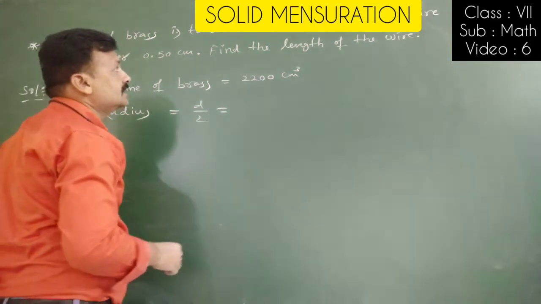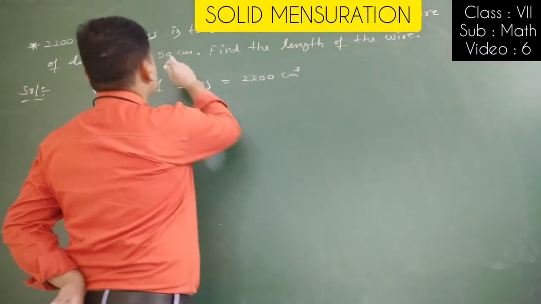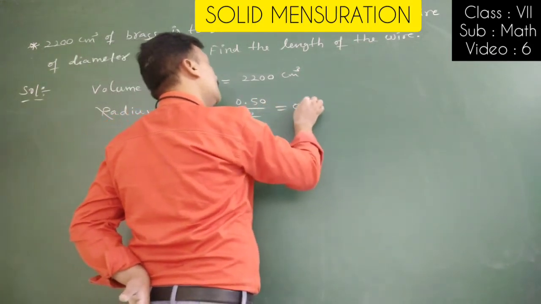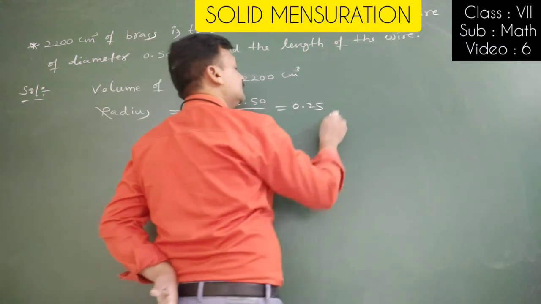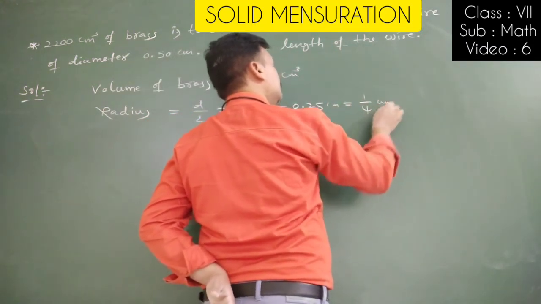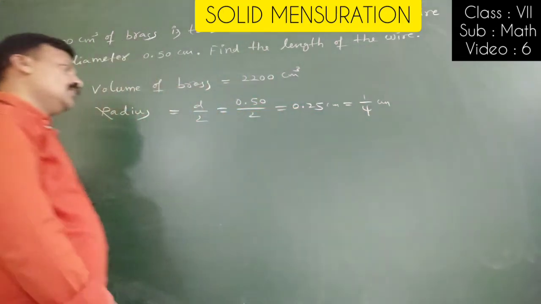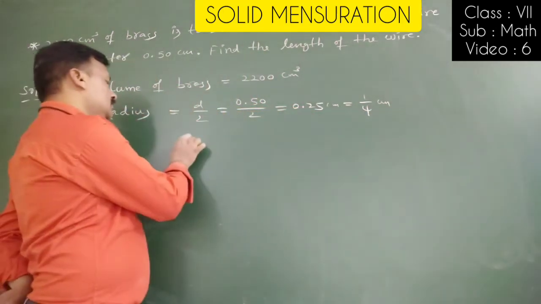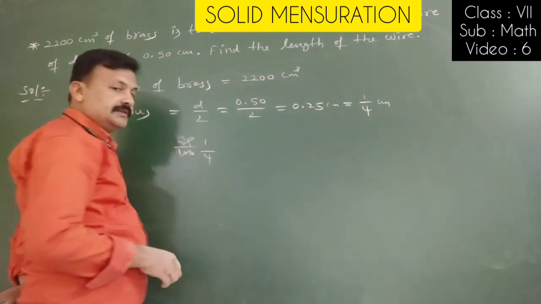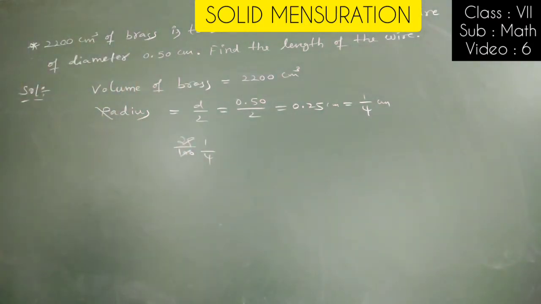Here diameter is 0.50 centimeters, divided by 2 means 0.25 centimeters. That's nothing but 1 by 4 centimeters. 0.25 means 25 by 100, that is 1 by 4. You can directly write it as 1 by 4.